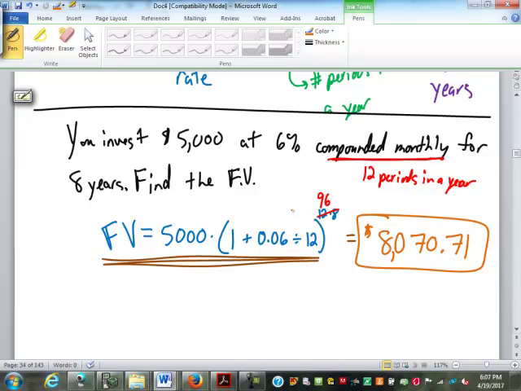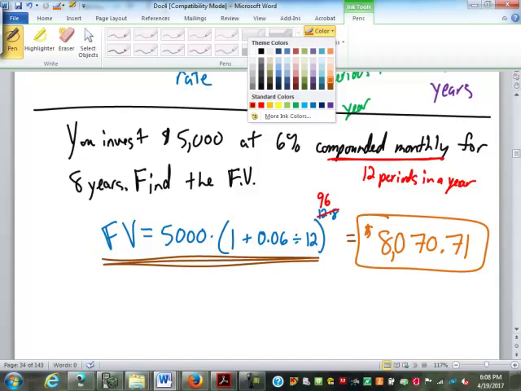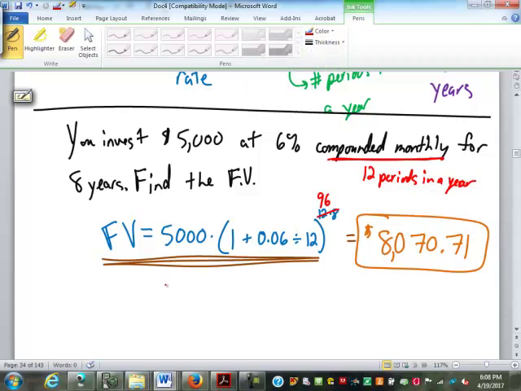How many of you got that result when you punched it in? Couple of you? Try to punch that in again. You're going to type in the 5,000 times, open parentheses, 1 plus 0.06 divided by 12, close parentheses.